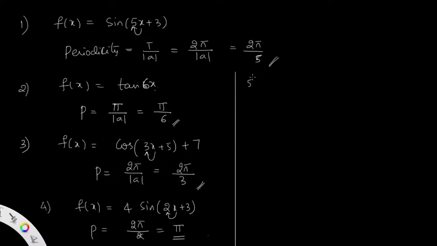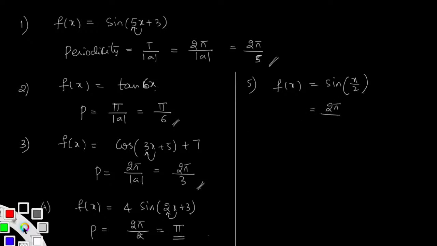Question number 5: if the function f of x equals sine of x by 2, what is the period? It depends on the coefficient of x only. For the sine function the period is 2 pi by mod a, where a is the x coefficient, which here is 1 by 2.